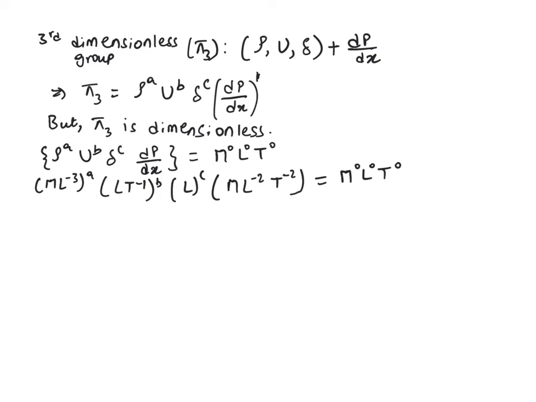Rearranging, we have M to the power of a plus 1, L to the power of minus 3a plus b plus c minus 2, T whole raised to the power of minus b minus 2, is equals to M raised to 0, L raised to 0, T raised to 0.